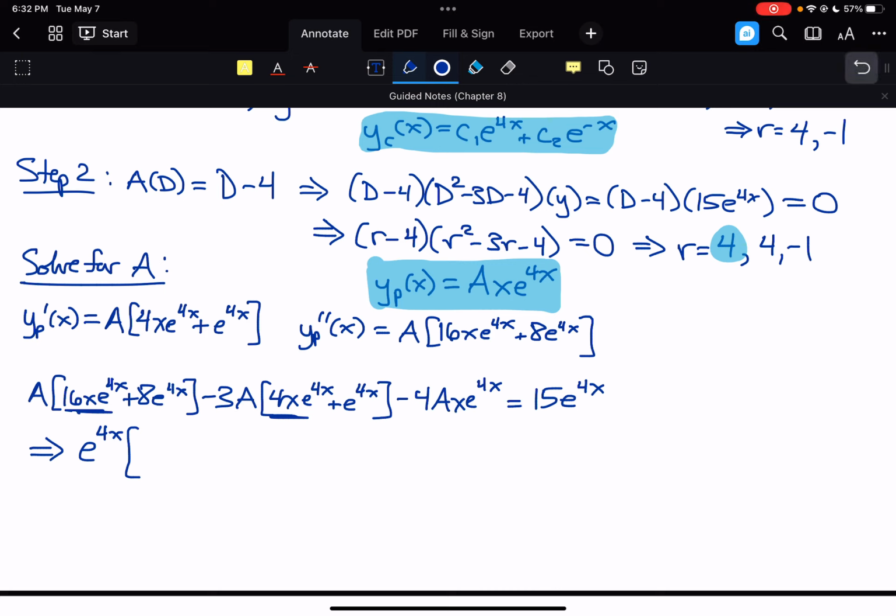So if we combine the x terms together and the non-x terms together, there's 16a minus 12a for this one, minus 4a for the last one, and that's times x, plus, for the terms without an x, that's 8a minus 3a, and that's it, equals 15 e to the 4x.